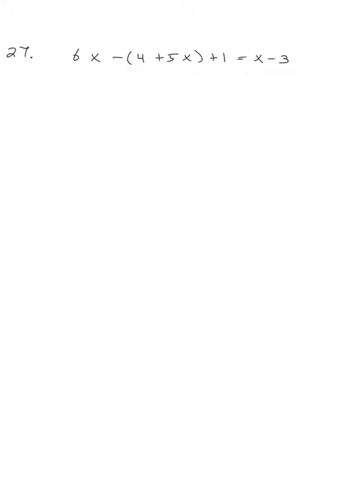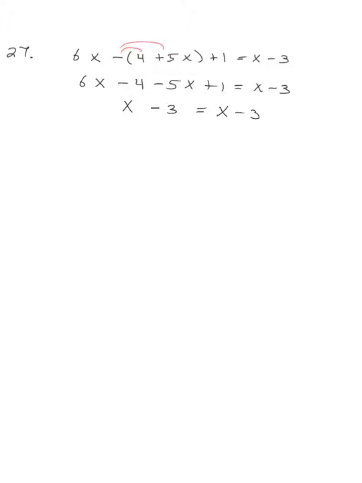All right, let's check this out. Is there another possibility than the 4 previous questions? I'll distribute the negative and try to solve for x, and we get 6x minus 4 minus 5x plus 1 is equal to x minus 3. So when I simplify, I get x minus 3 is equal to x minus 3.